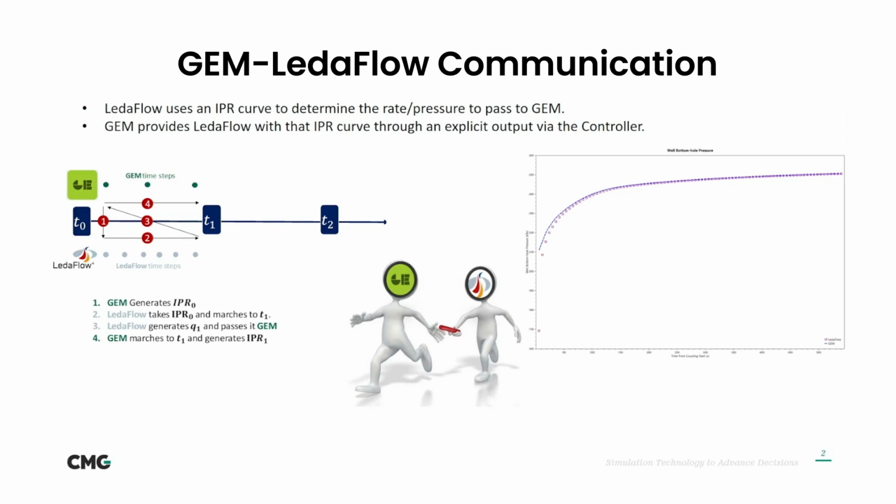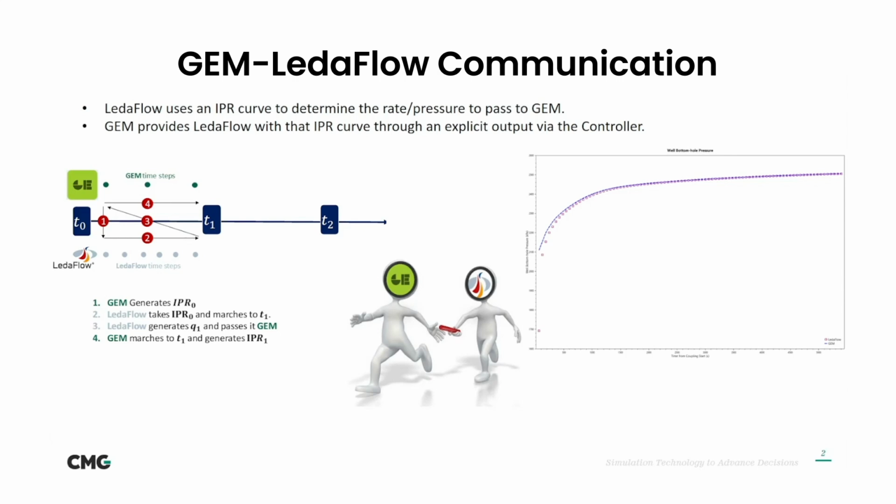At time zero in the coupling process, GEM will generate the IPR at that time, and LedaFlow will take that IPR 0, let's say, and march to time step 1. Then LedaFlow will generate Q1, or let's say the converged flow rate, and pass this flow rate to GEM as an operational rate constraint for our wellbore in the GEM model.